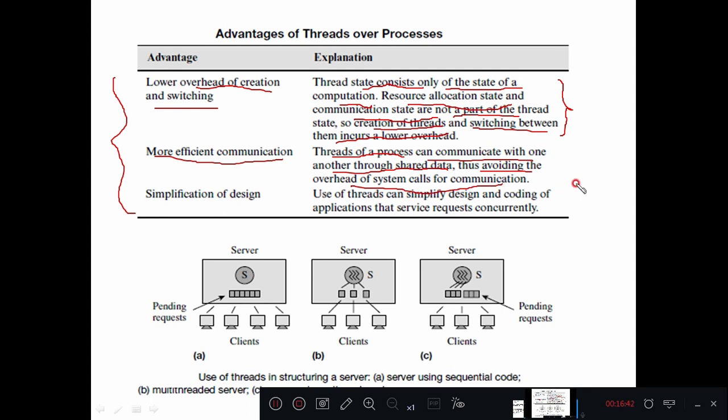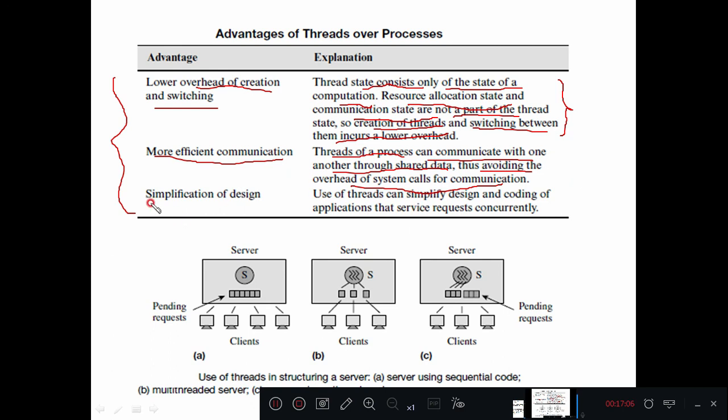So if two processes want to communicate with each other, then they can communicate with the help of a system call or functions, you can say. One process has to call the function which is associated with some other process, right? But in case of threads, they communicate with the help of shared variables, right?